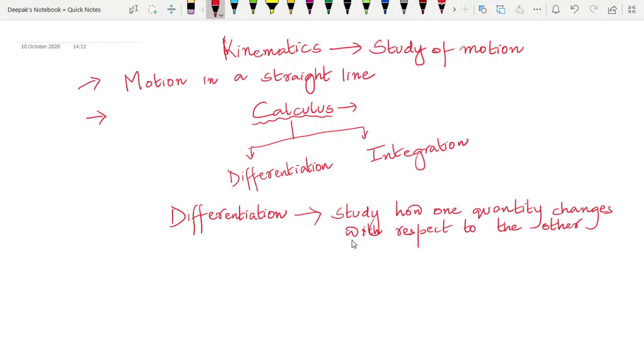Suppose we have two quantities x and y, these can be anything, and there is a formula that links them. Suppose y is equal to x square plus 1. There is this formula that links them. Understand?